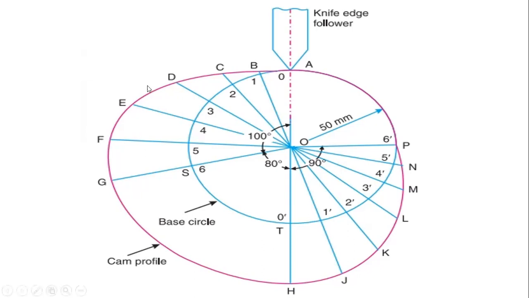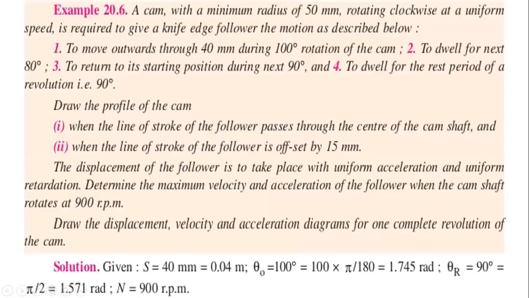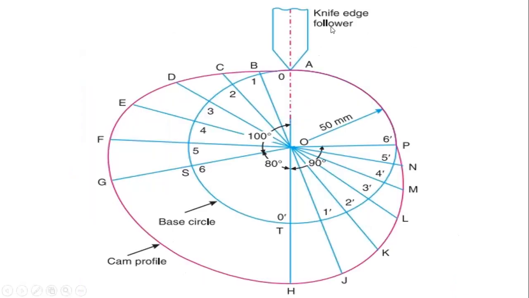So first of all, we have to draw the circle, which indicates the cam. The radius of the cam is given as 50 mm. So the minimum radius of the cam is 50 mm. We have to take the radius as 50 mm and draw a circle.